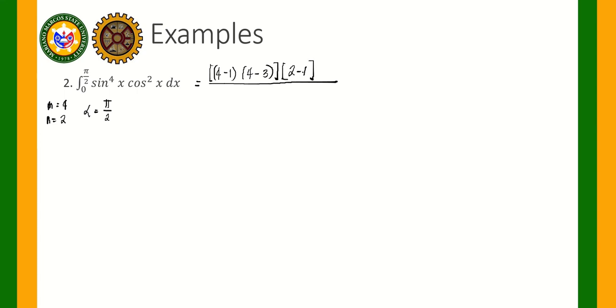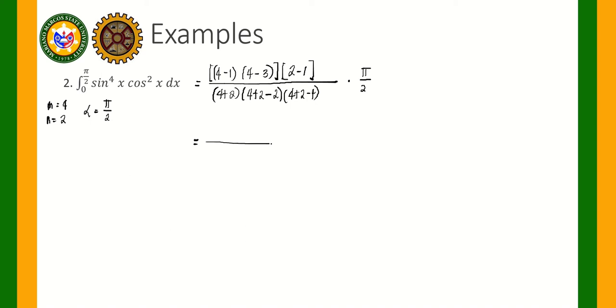Because that is equal to 1 already. Tapos, sa denominator natin, we have m plus n, which is 6. Okay? Multiplied by m plus n minus 2. So, that is equal to 4. And then, m plus n minus 4. That is equal to 2. So, we should stop. And then, multiply natin by alpha, which is equal to pi over 2.